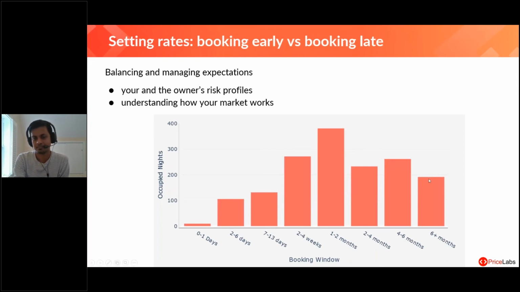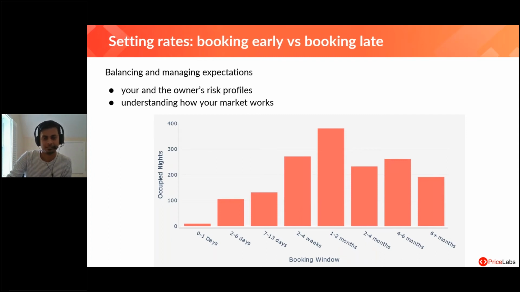And this suggests that there's a fair amount of bookings that come in 6+ months out, but in terms of total number of bookings, it seems like less than 20%. So if I'm not booked more than 6 months out, I'm okay. I shouldn't get worried. But if a date is less than 2 weeks out and my calendar is sitting empty, I would start thinking about where my pricing went wrong.